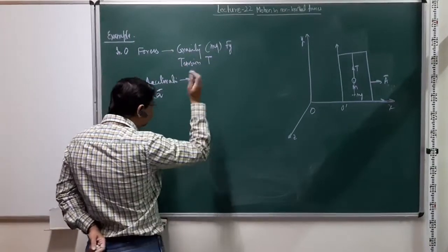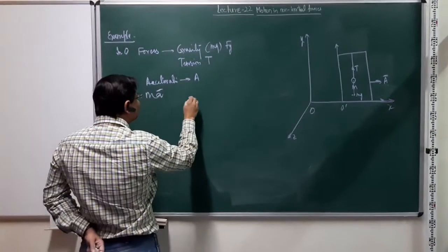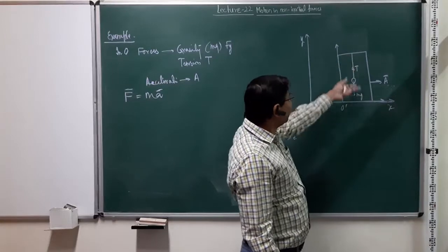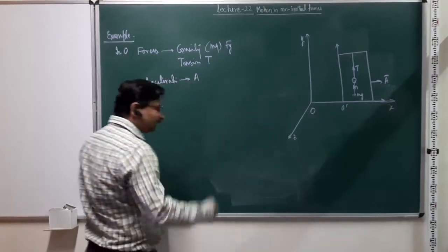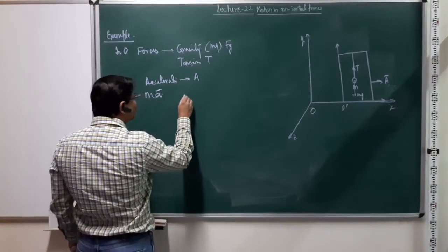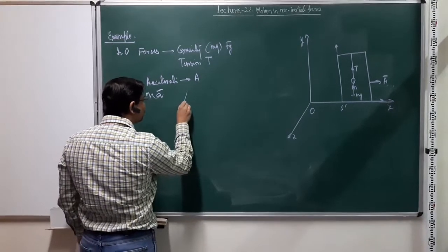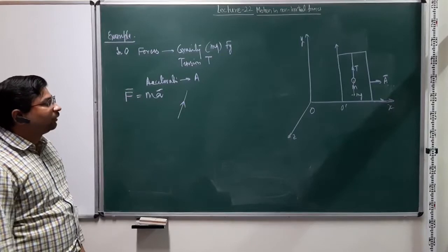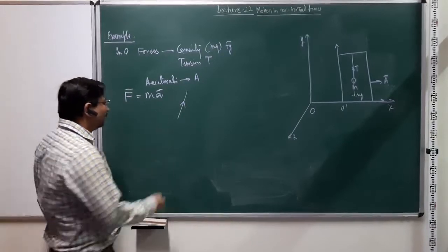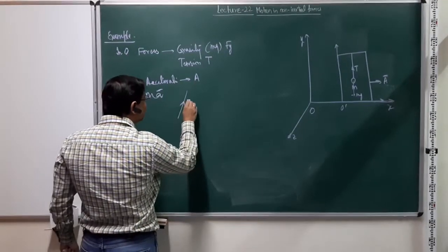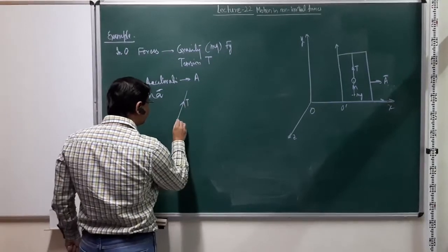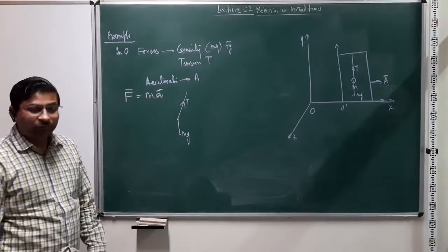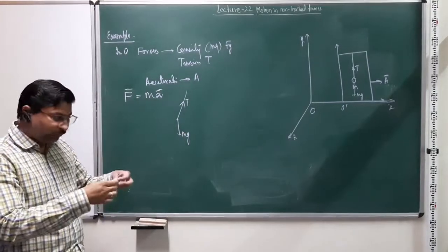I can write down my F equal to ma equation by drawing these vectorially and then looking at the relations. Since we know this problem, of course the system is going to be different from the one which is not moving. It's not going to hang vertically, right? So normally what will happen is the pendulum will have a different orientation with respect to vertical, and that will be balanced by the tension T. So let's say this is my T. The force of gravity is always acting vertically downwards.